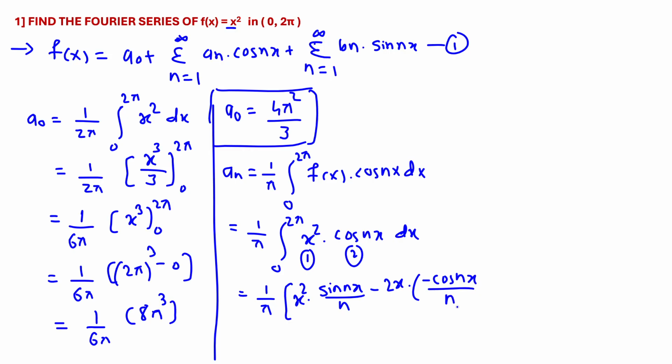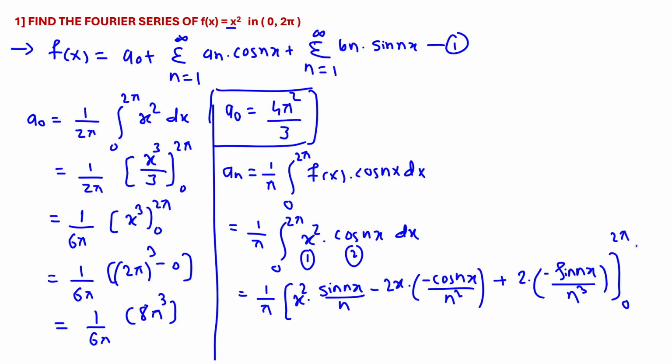Already we have n, so n into n becomes n². Plus, the second term is negative, so the third term is positive: plus the derivative of 2x, which is 2, into the integration of minus cos, which is minus sin nx over n. Already we have n², so it will become n³. After 2, the derivative of 2 will be 0. This will be your last step, and you put the limits on the right-hand side like this.